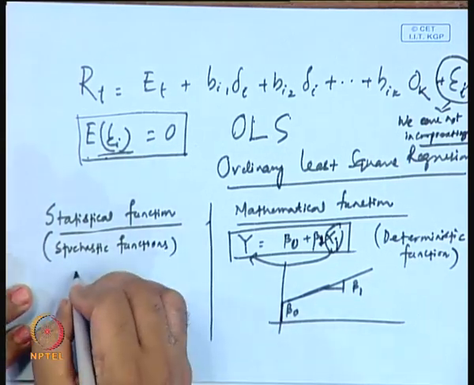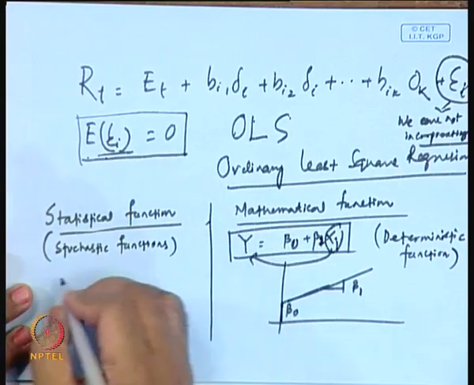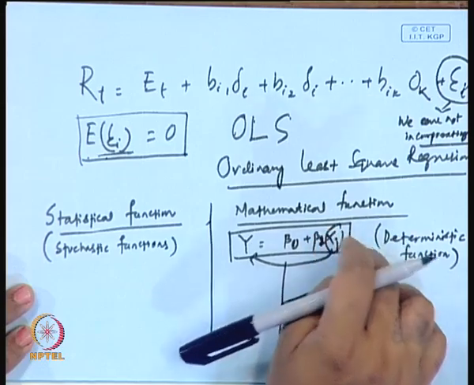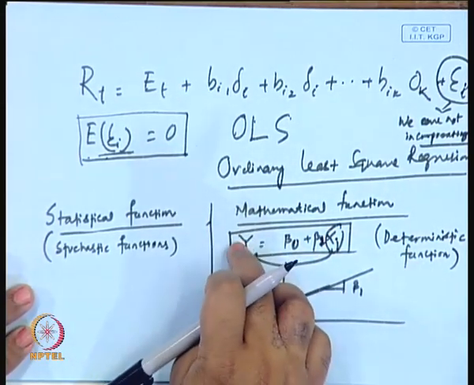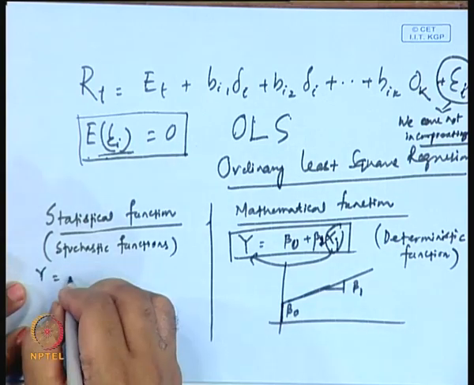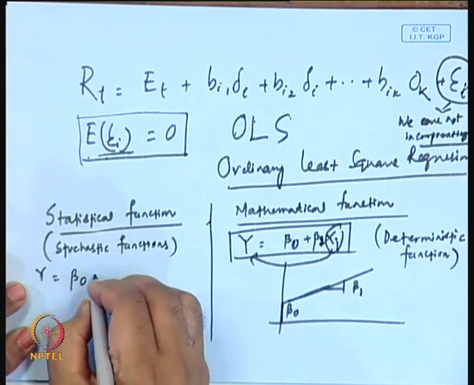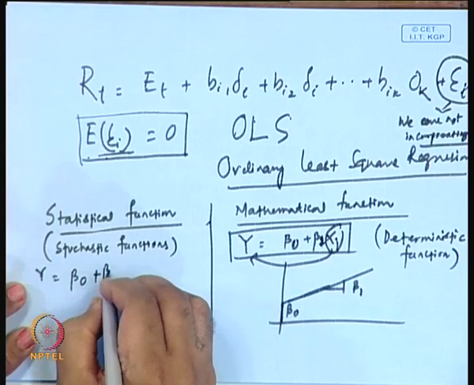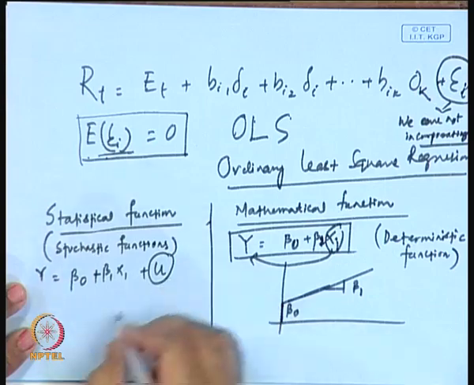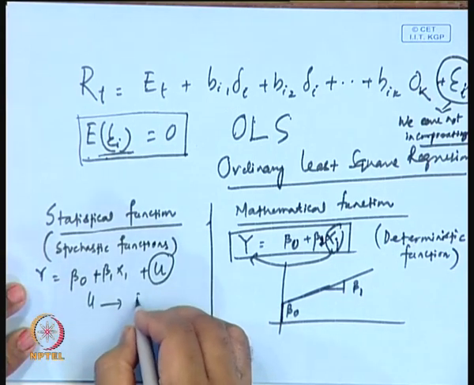So, what do you mean by stochastic functions? In the stochastic functions, it is not possible to identify all the deterministic variables which could have the impact on the dependent variable. If you take the same function, then your stochastic function will be beta 0 plus beta 1 x 1 plus u, and that u is your error term.